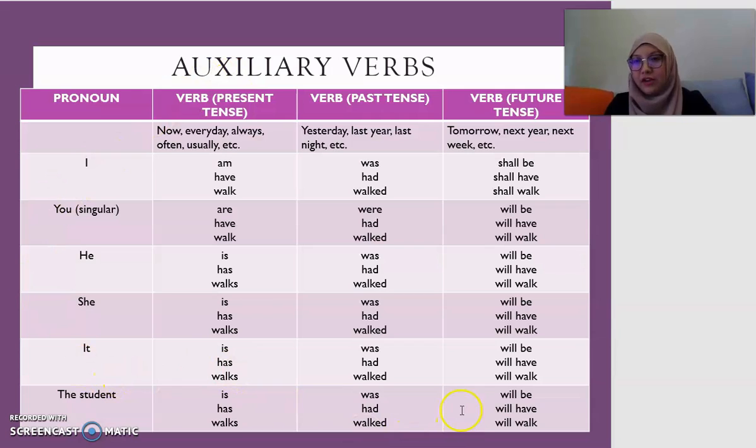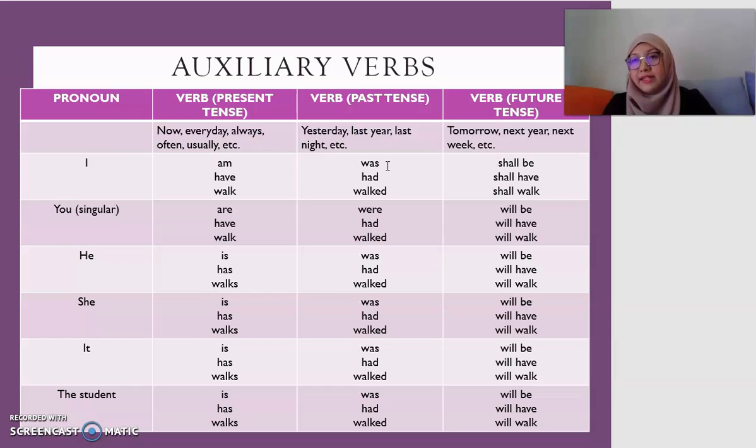That means you can check your grammar, whether you are writing or presenting something in a speech. For example, when you say I, you can match it with am for present tense. For past tense, that means things that happened in the past, yesterday, last year, or last night, you say I was.